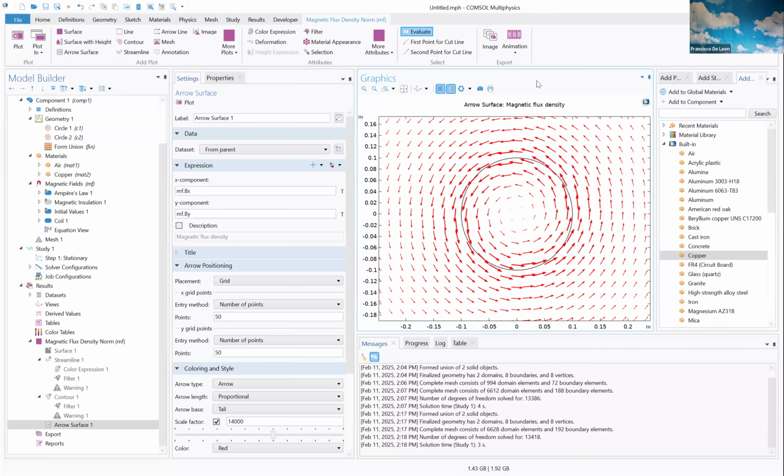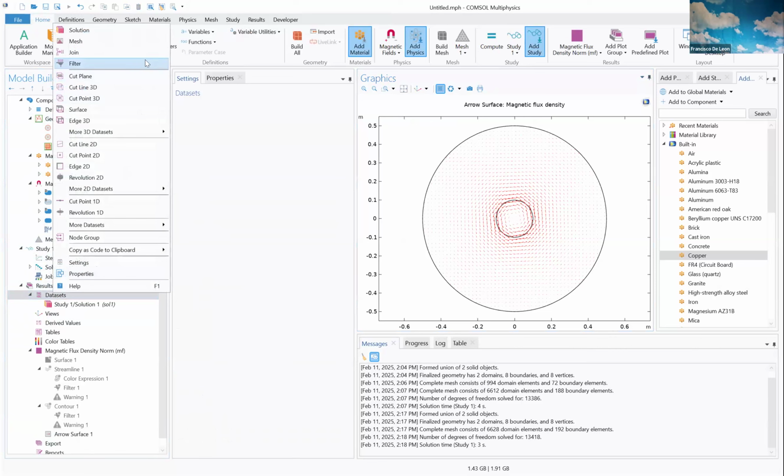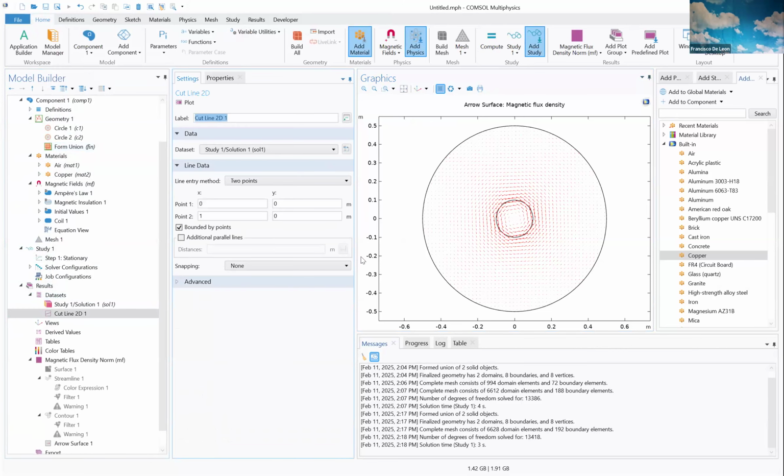Give me the cut, please. Okay. In the data set, there is the option cut line 2D, and plot.